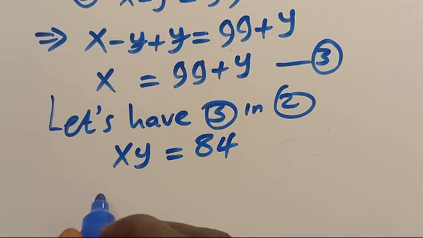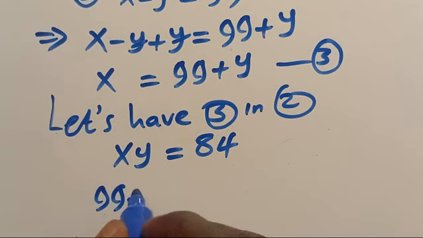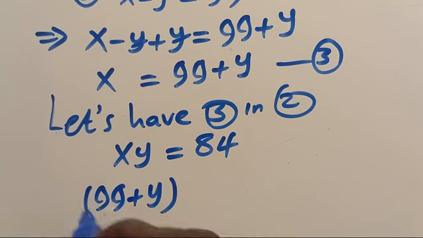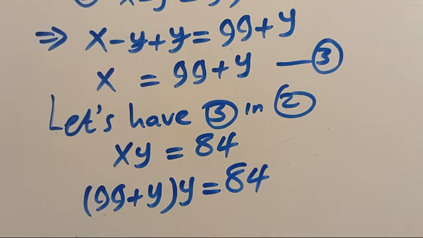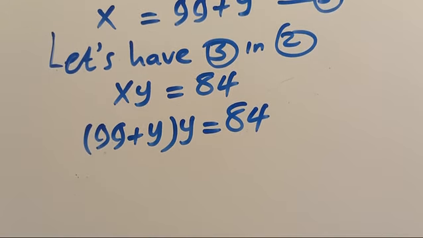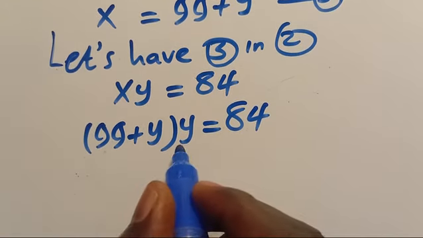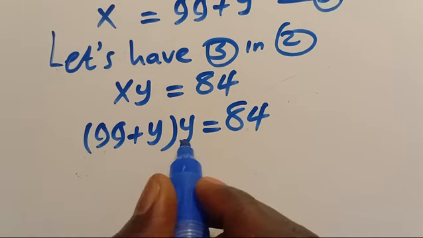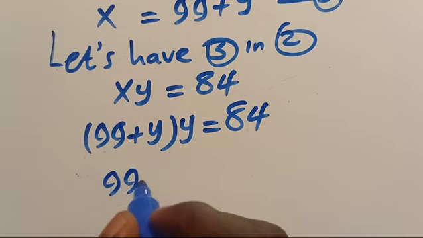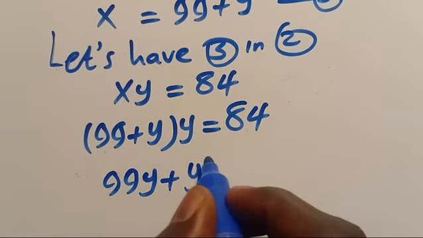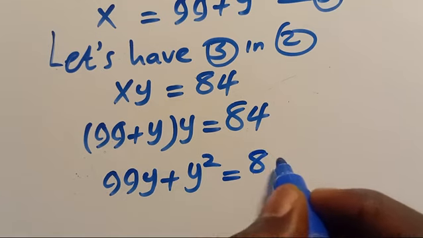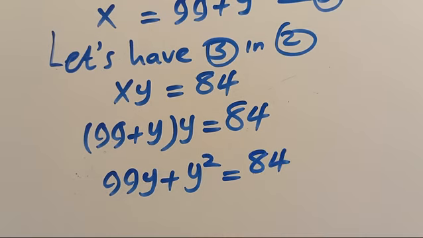So we are going to have 99 plus y times y equals 84. From here, let's open the bracket with y. 99 times y, we have 99y, plus y times y will be y squared, equals 84.